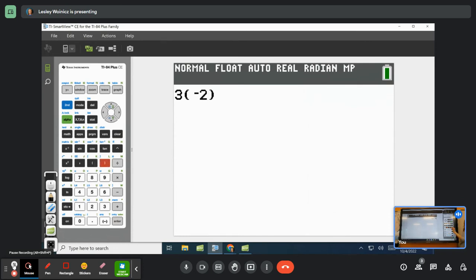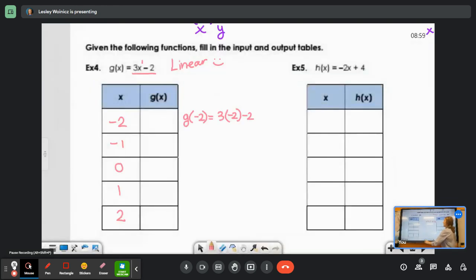Minus 3 times negative 2, minus 2. Okay. I got negative 8. Did you guys get negative 8? Okay, so I'm going to put negative 8 for my g of x. So when I plug in an x of negative 2, the output I get is negative 8. I can write it over here too.